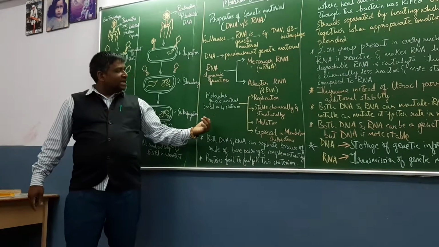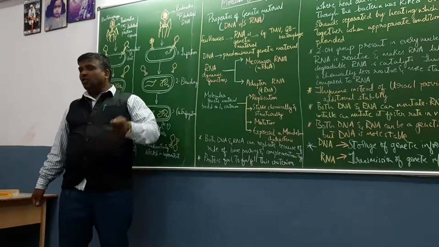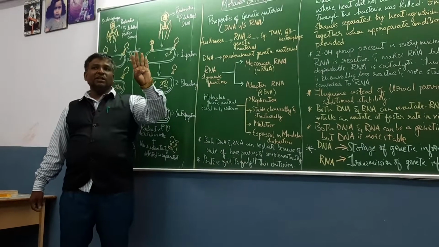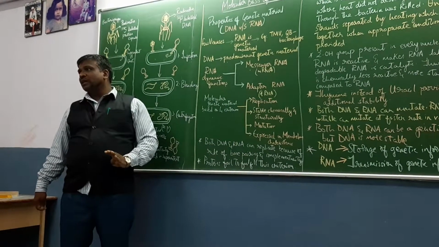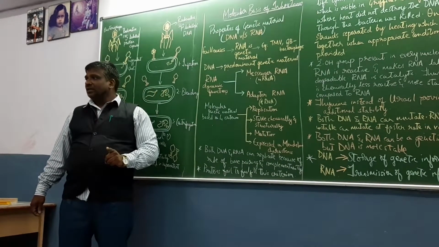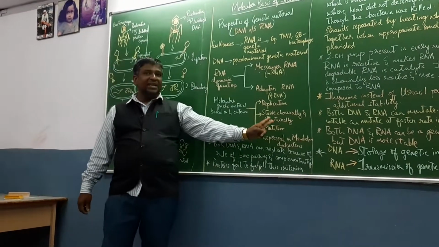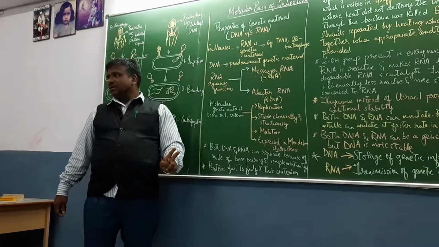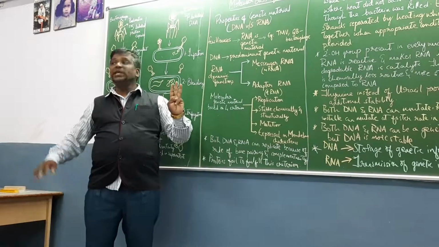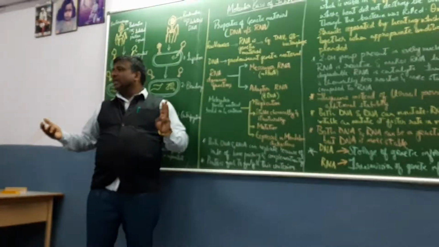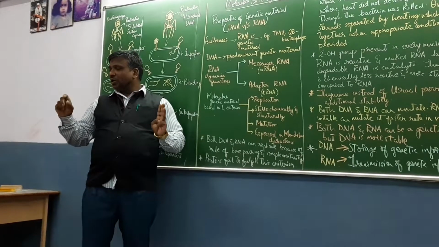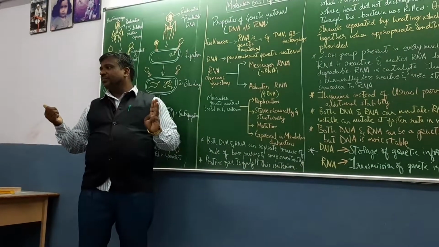For any molecule to be called a genetic material, four criteria are required. First, it should be able to undergo replication. Second, it should be chemically and structurally stable. Third, mutation should be possible.